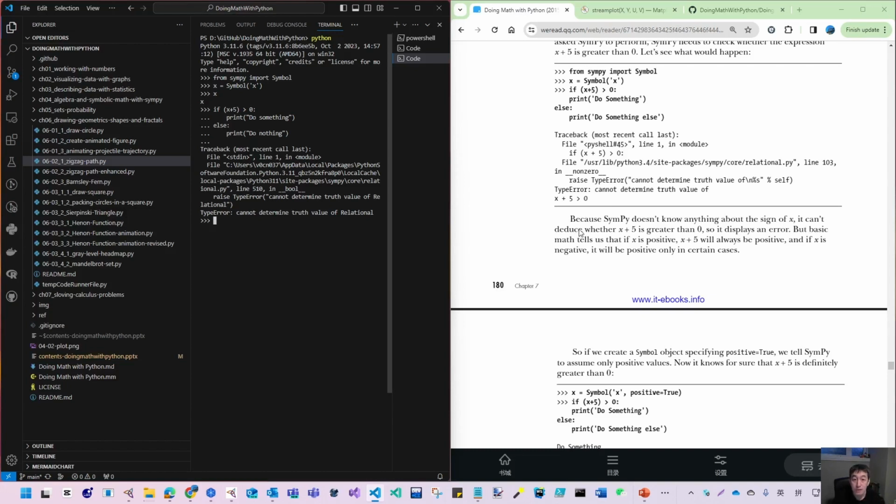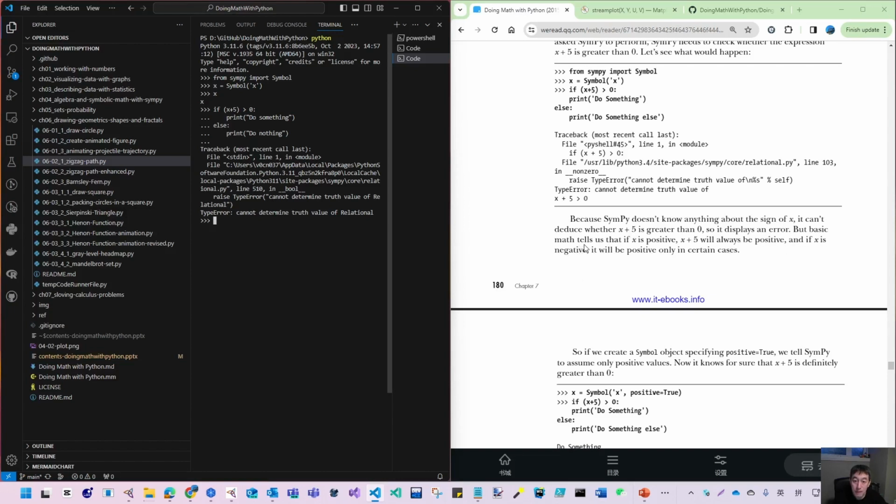It's called deduce whether x plus 5 is greater than 0. Deduce means we put this simplified result. We should decide the exact meaning or value for x plus 5, but we cannot. So it displays the error.